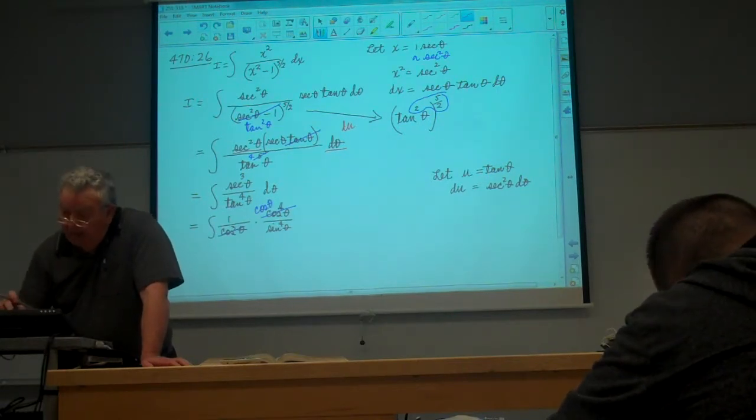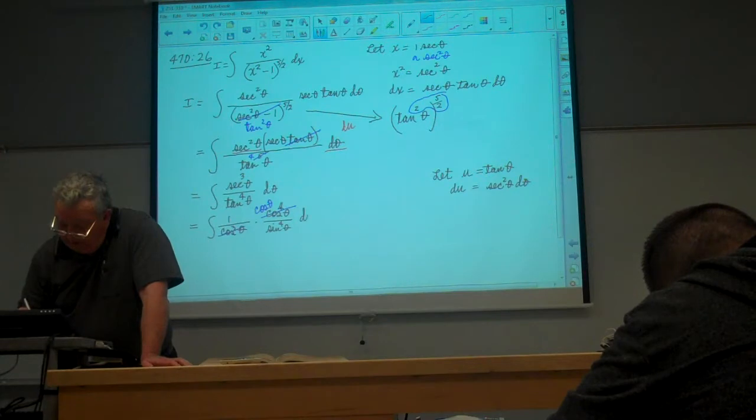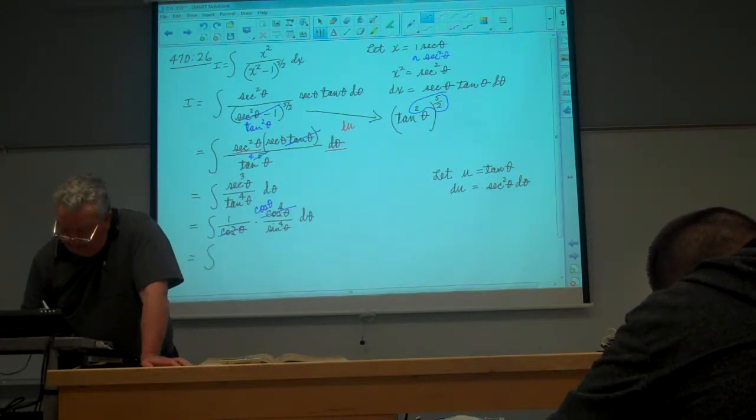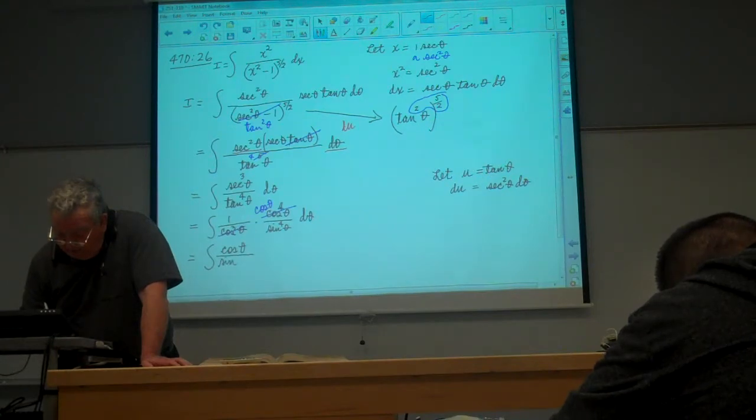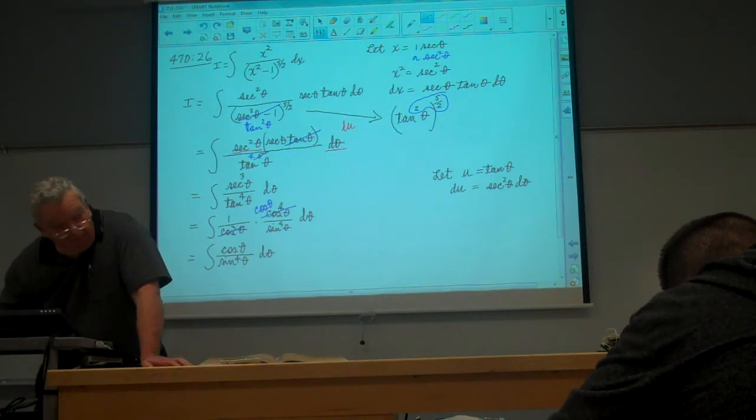And now, I left off my d theta, I got so excited. And now we have the integral of cosine theta over sine to the 4th theta d theta.